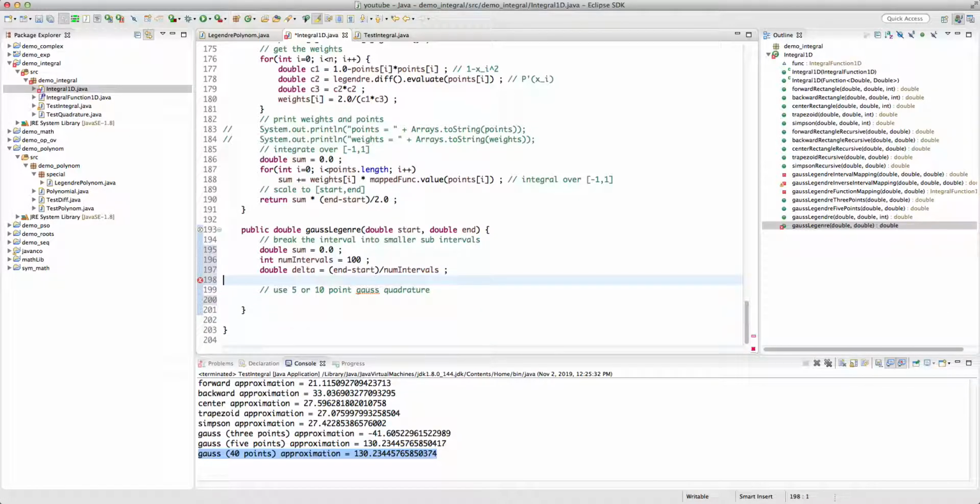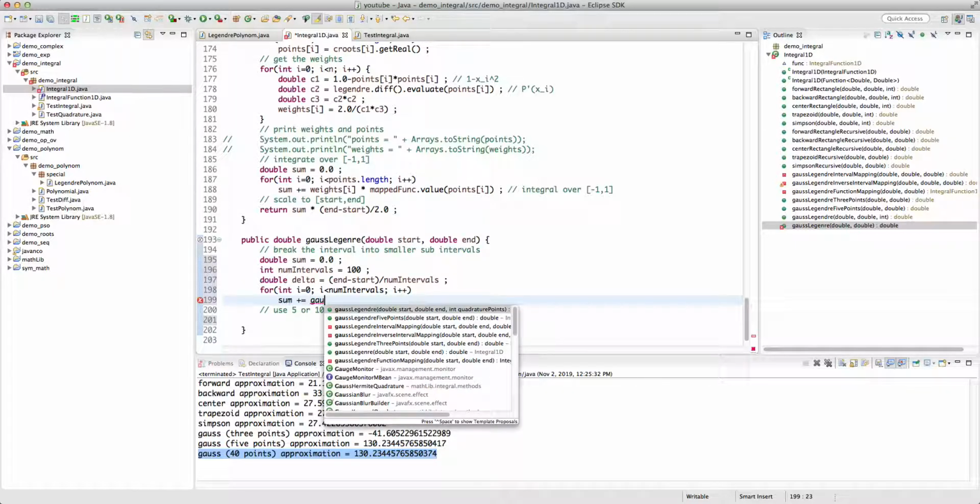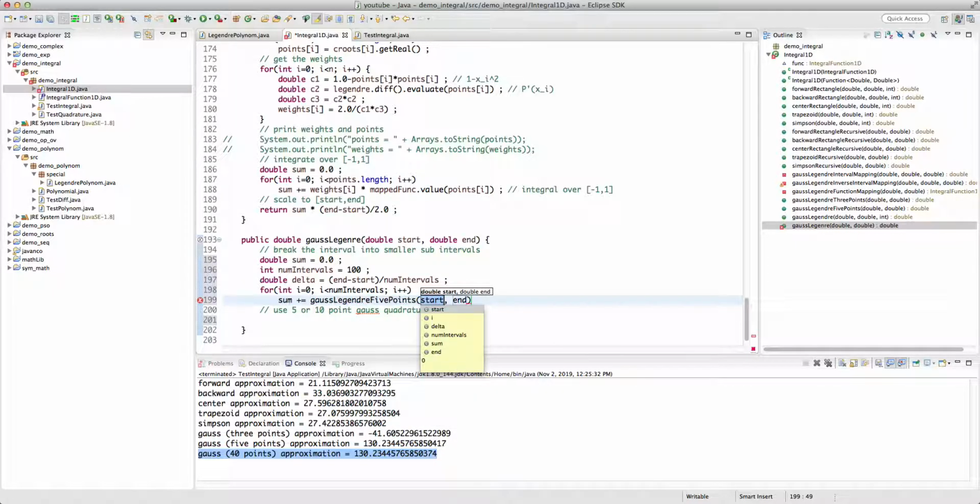And actually I don't need that, so I just write for int i equals 0, i less than numIntervals, i plus plus. I do the summation and call the Gauss-Legendre 5 point. My start is basically start of the interval plus i times delta, and the end of the sub interval is start plus (i plus 1) times delta.